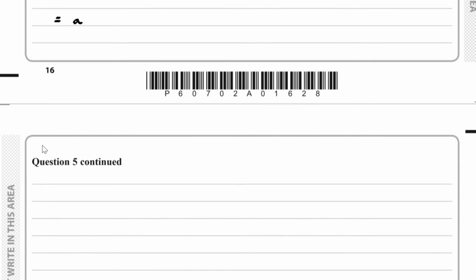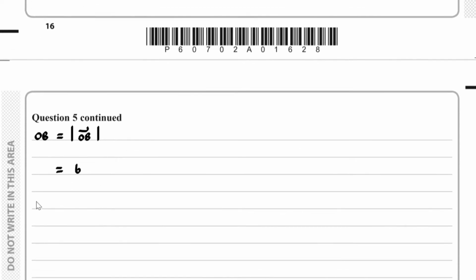And OB is equal to the magnitude of OB, which is just b. And therefore, OA over OB is equal to a over b.